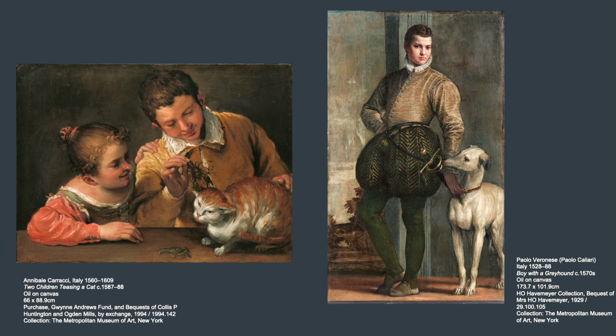Now, this work we can also read into a tale told to us by Vasari, another reference that would have been known to art lovers familiar with Vasari's Lives. And Annibale Carracci, if anything, was studious, he knew his art history.